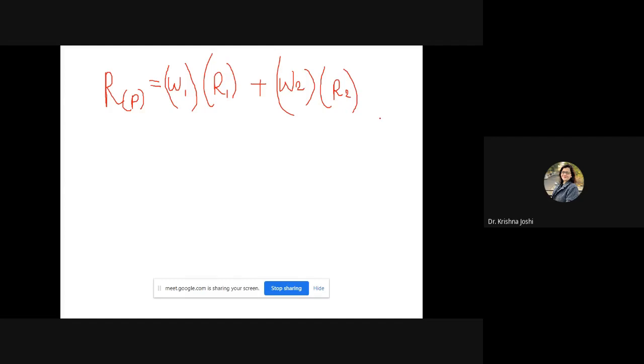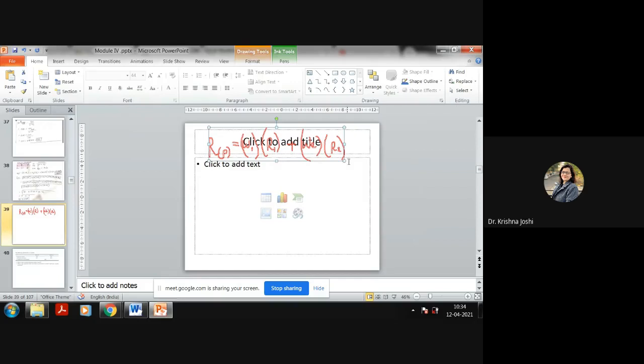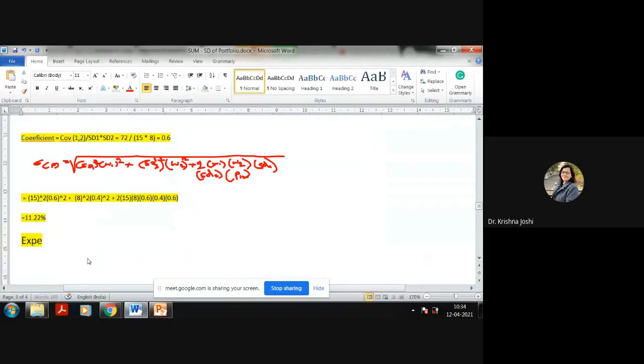If there were 3 returns here, it would be weight 3 into return 3, and if 4, weight 4 into return 4. But this is the formula. So all of you can write down this formula. I will just copy it there. So here is the expected return of the portfolio.